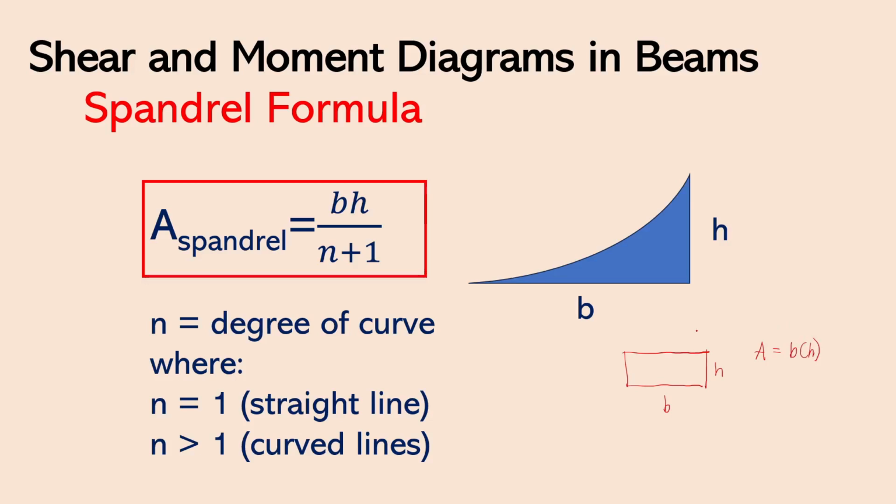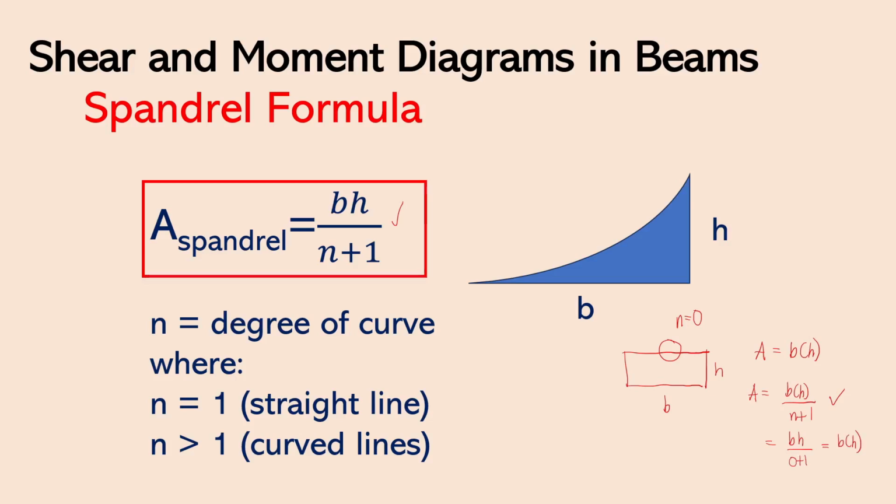So, if we use this one, our area is equal to B times H divided by n plus 1. Now, for a horizontal straight line, the degree of the curve is 0. And so, our n will be 0. If we substitute that here, this becomes B times H divided by 0 plus 1. And so that will just be B times H.